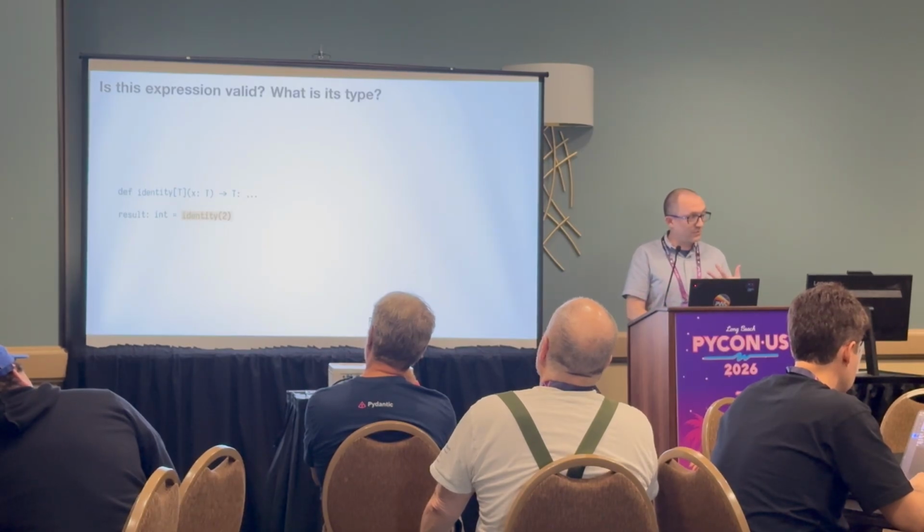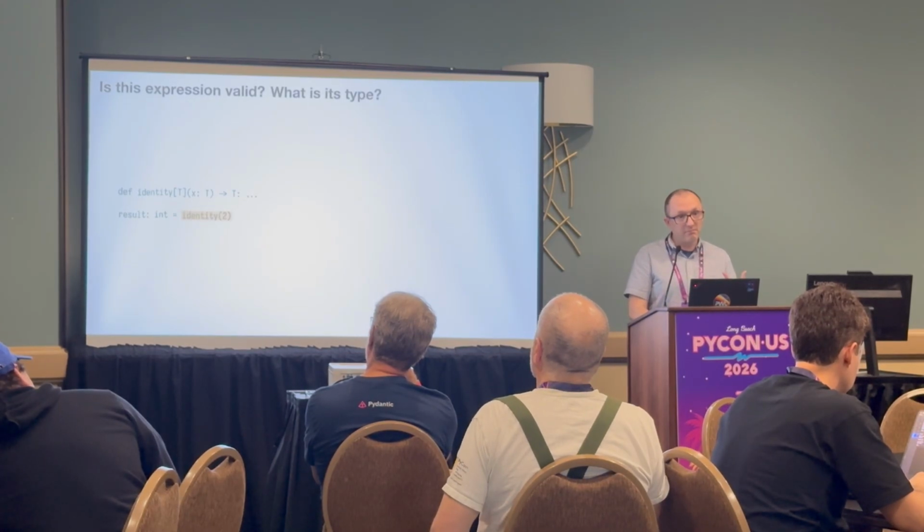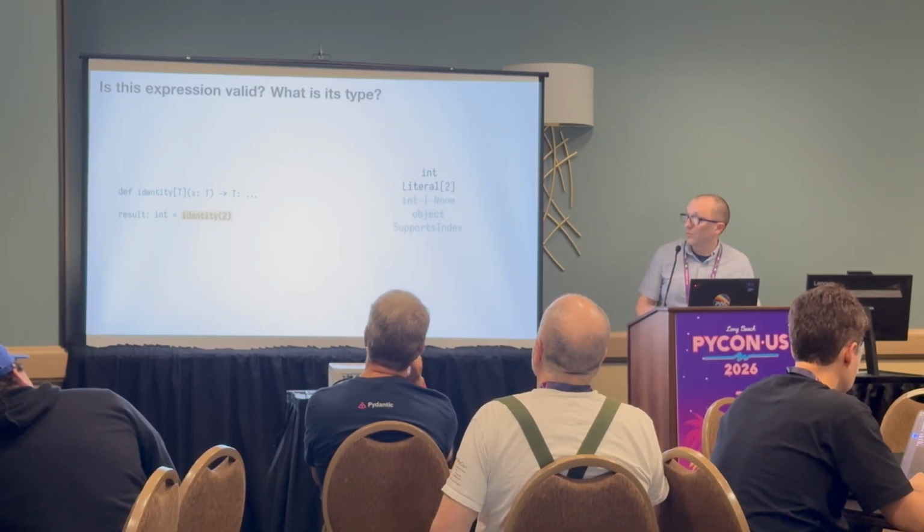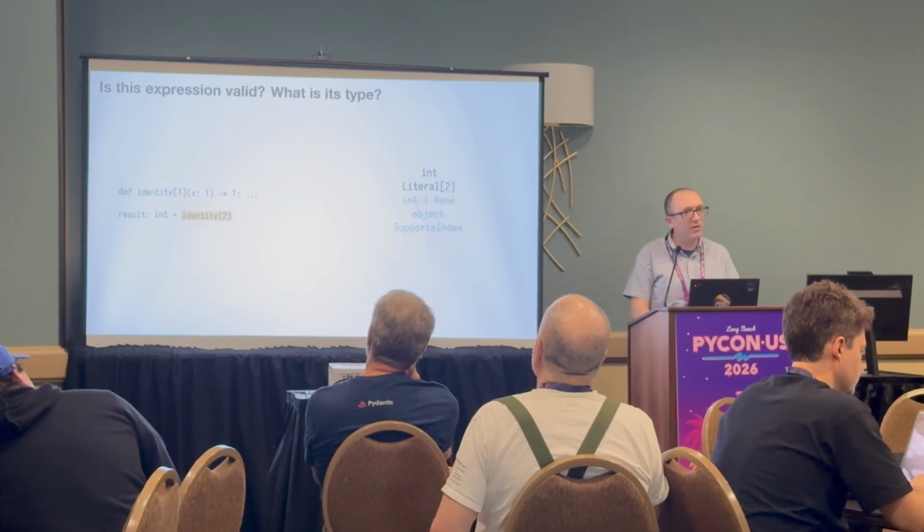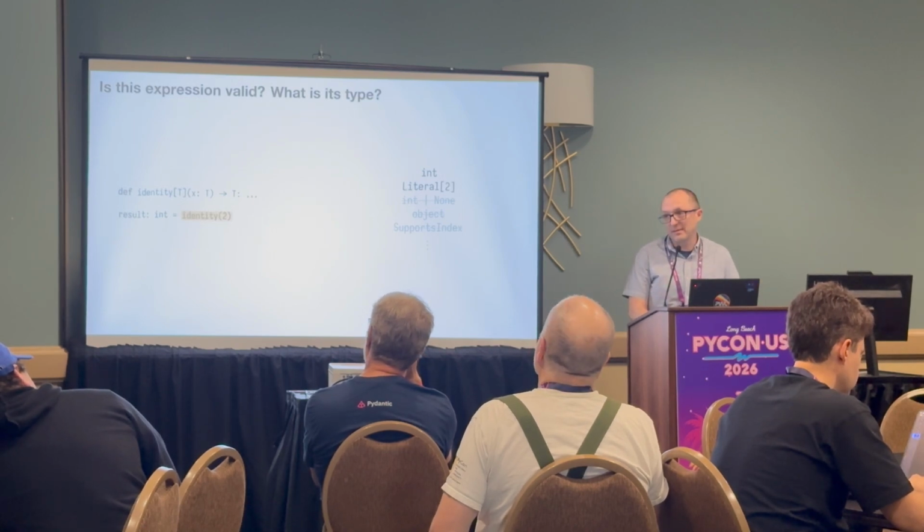Here, in this case, we're actually constraining the valid solutions of t even more. And so here I would say that we've actually ruled out a lot of those pathological examples that we came up with towards the end. And really at this point, we have just int and literal 2 as the possibilities for this one.